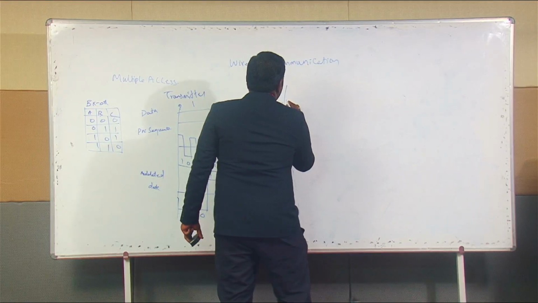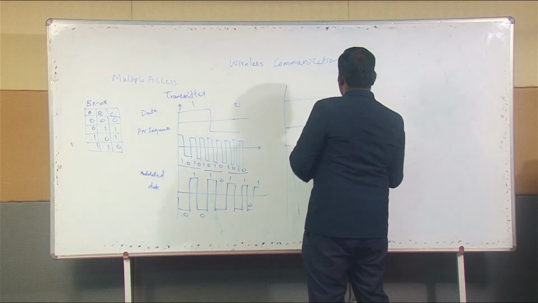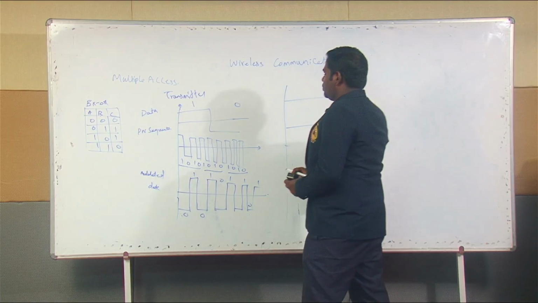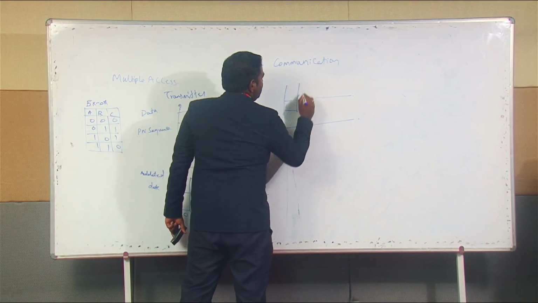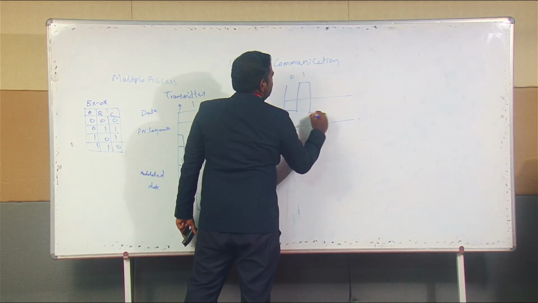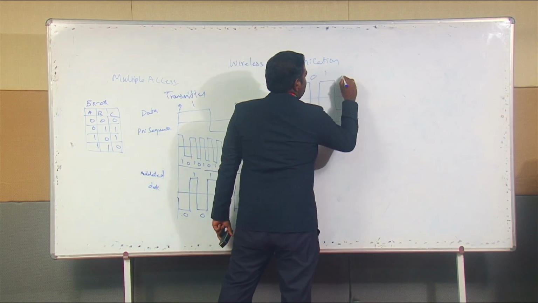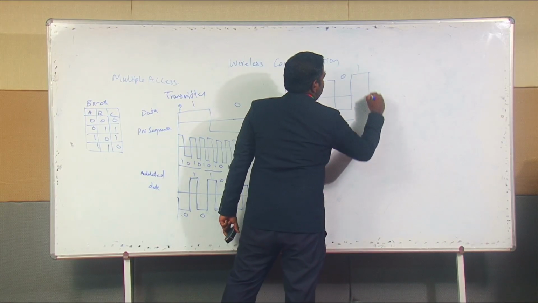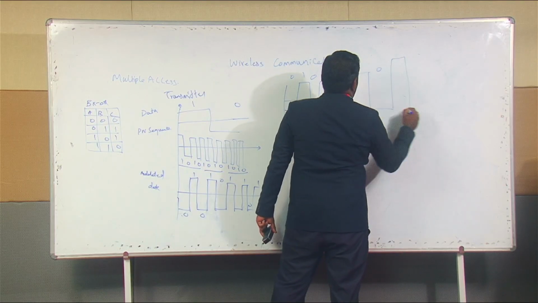Now, see at the receiver side. So here, this will be used, that means 0 1 0 1 0 1.